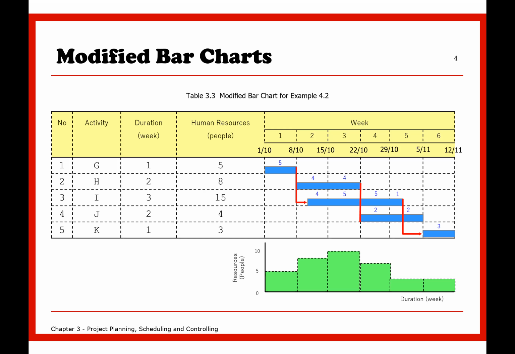But anyway, this is an example of a simple bar chart. When you do scheduling, this is the output. But for sure, you can do that in whatever software. It could be Microsoft Project, it could be Excel. You will see a bar chart shown there as the output.